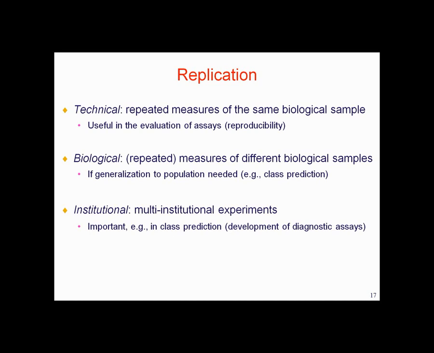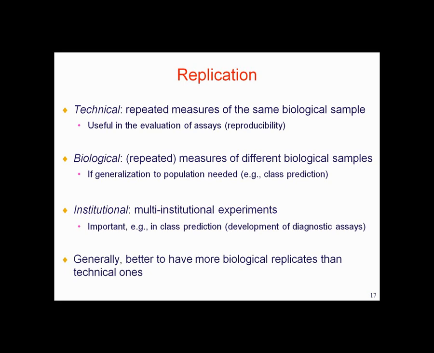So replication allows you to get a grip on the variation and variability, and by taking replicates and averaging them, you can increase the precision of your estimation, for instance. Generally, it is better to have more biological replicates than technical ones. The reason is, first of all, generalizability: the results of your study may be more generalizable if you have biological replicates.